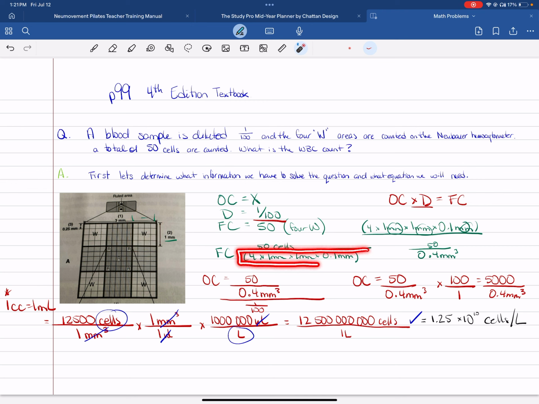Anytime you're given how many cells are in a W area, when you do all four of those locations, you've got 4 times this area right here, because this is 1 millimeter, this is 1 millimeter, and the depth of each W area is 0.1 millimeters. That's how we came up with a total of 0.4 millimeters cubed.